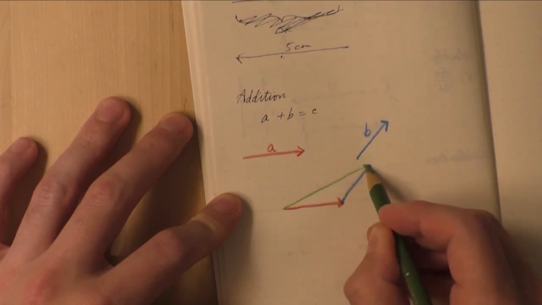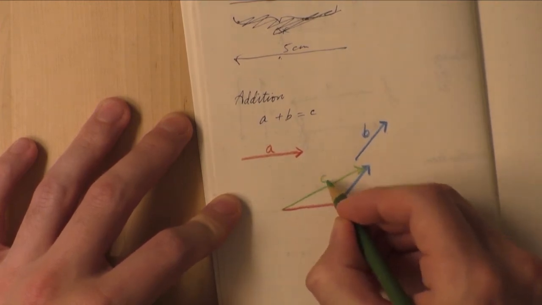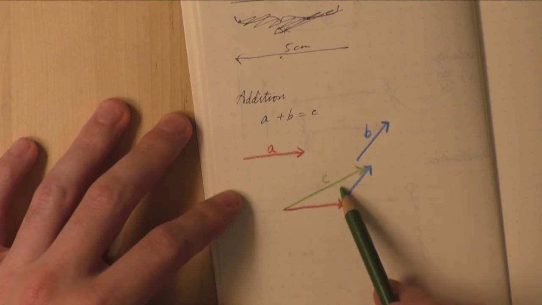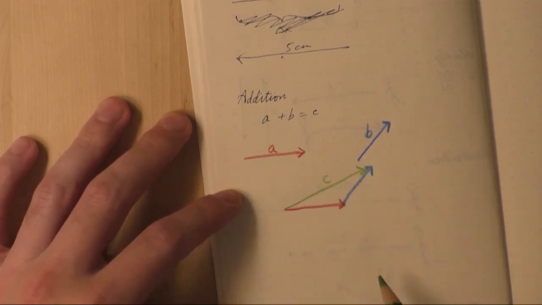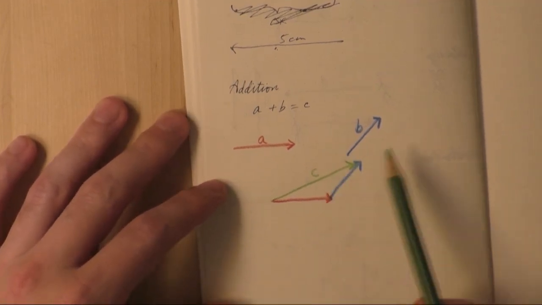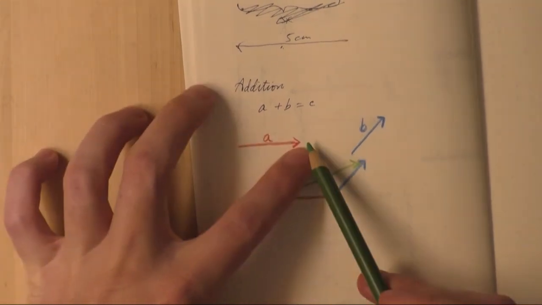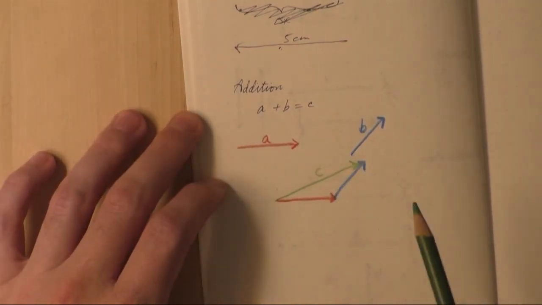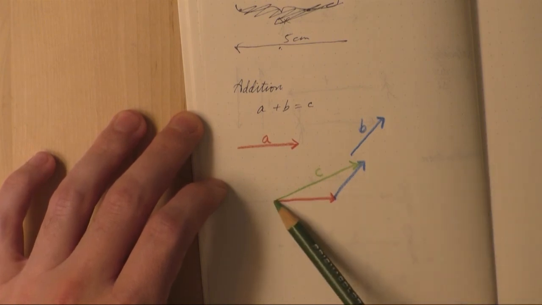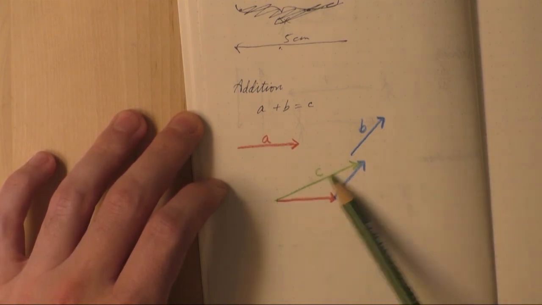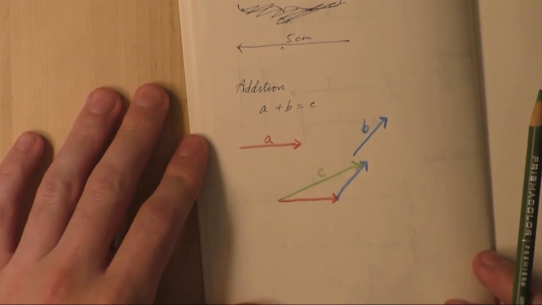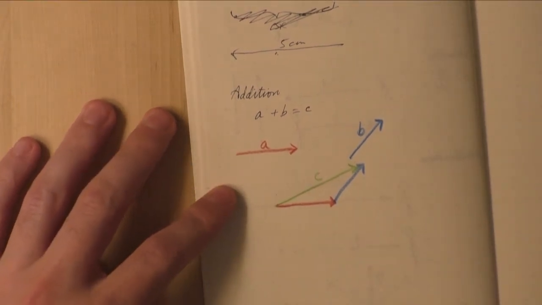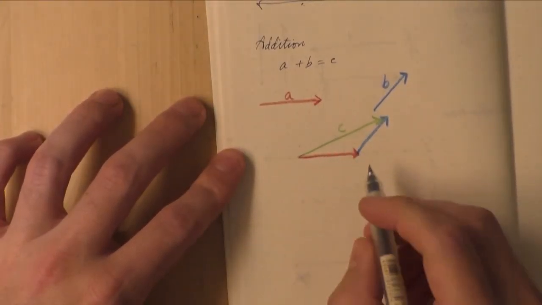I'll just draw it here. That's vector C, just like that. It's actually very simple. Again, all we did was take these two vectors and stick them together, stick the arrowhead of this one onto the tail of this one, and draw a vector from the beginning to the end of both. There's also vector subtraction, which is similarly pretty simple.